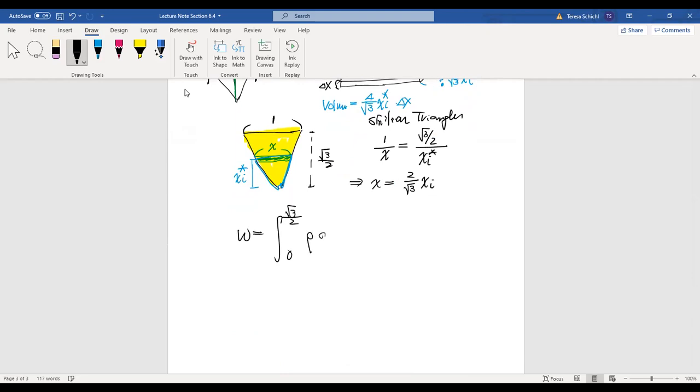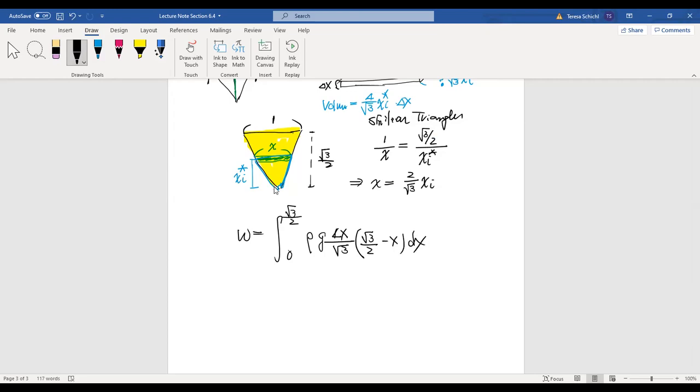So it's the density times the acceleration factor times the integral of the volume, I'm sorry, here the volume is 4x over the square root of the 3, and then this is the square root of the 3/2 minus x dx.